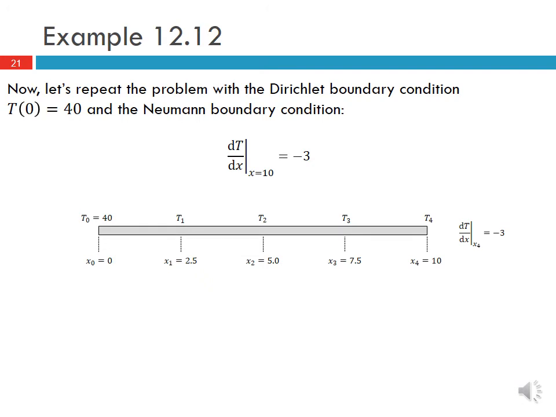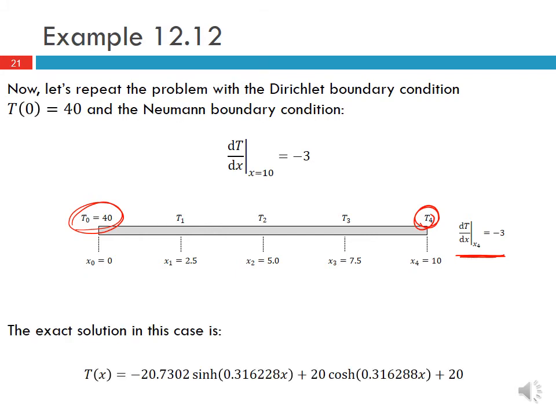So this is how we can now discretize our domain. We're again using h equal to 2.5. So we've got our Dirichlet boundary condition specified here. T0 is equal to 40. But on the right-hand side, we're not specifying T4 exactly. We're specifying the rate dT/dx at x equal to x4, which is equal to minus 3. And again, we can find the exact solution, which in this case is given as shown here.